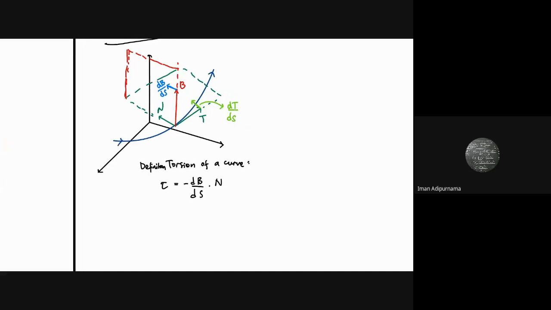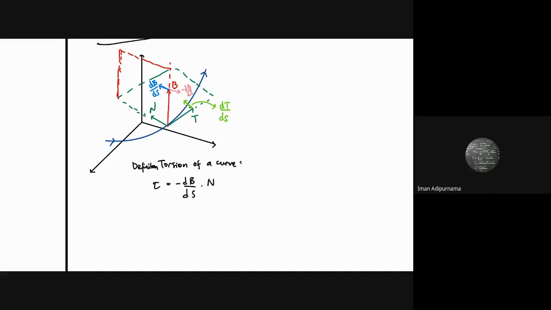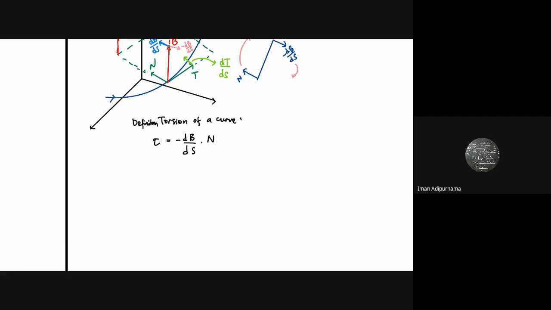So if we are taking the negative part here, this is the negative dB over ds. And if we are looking at the diagram, this is the N, so it's the torsion, right?